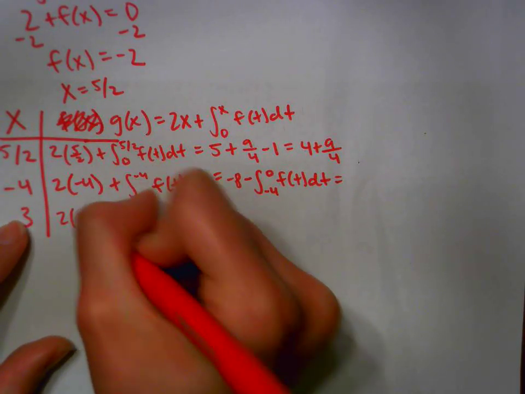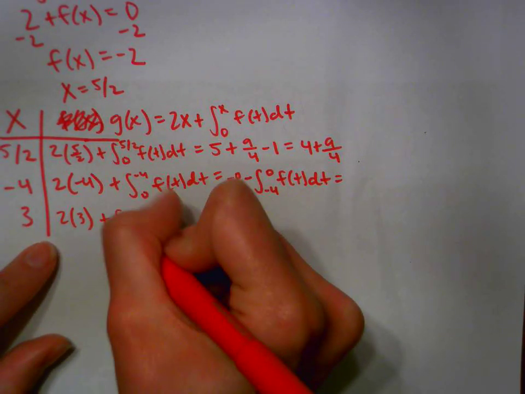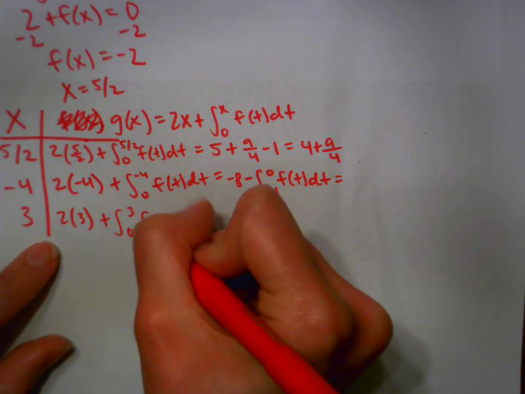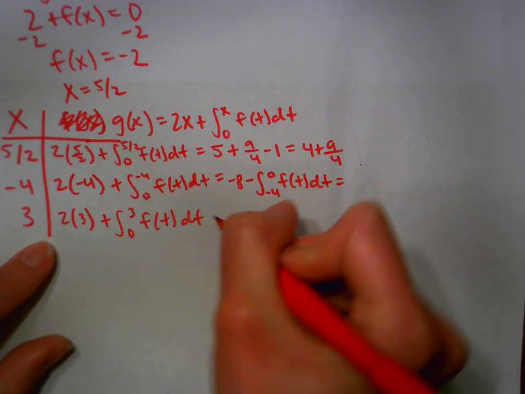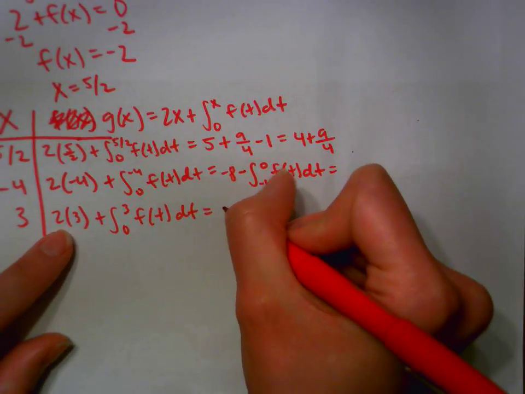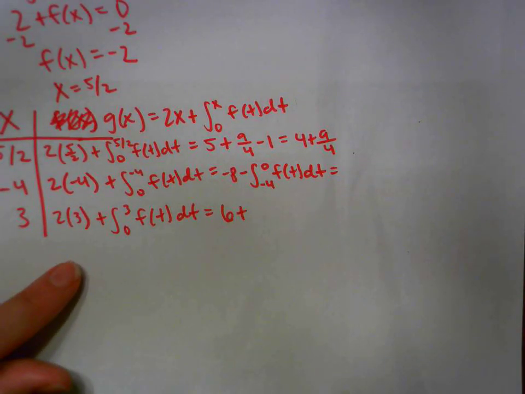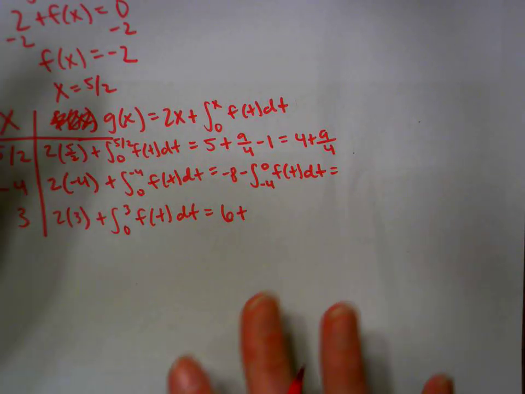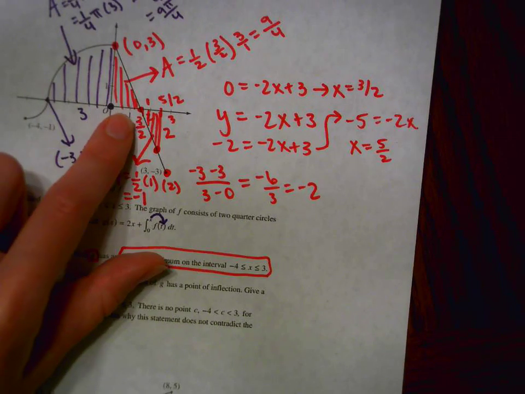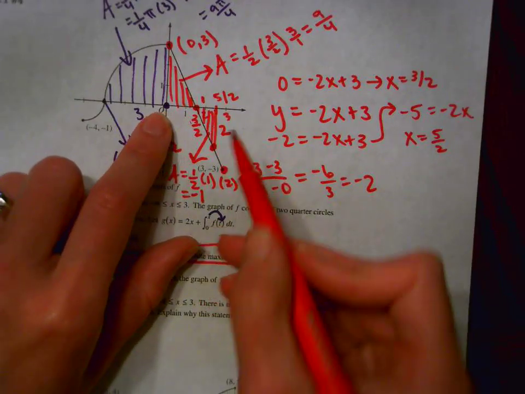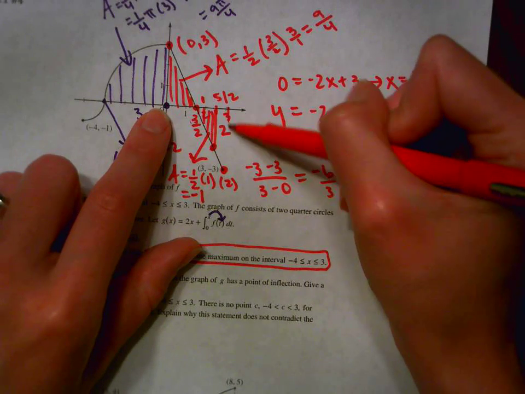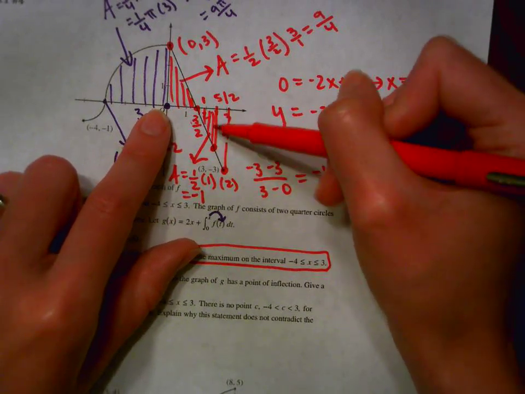2 times 3 plus the integral from 0 to 3 of f of t dt, which equals 6 plus, now we got to do the integral from 0 to 3. So if we go back up here, don't forget that this 0 to 3 would be all the way shading and everything.